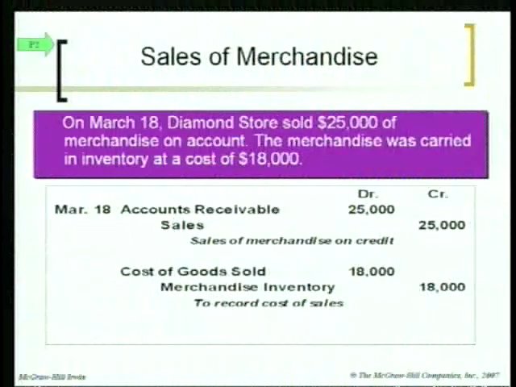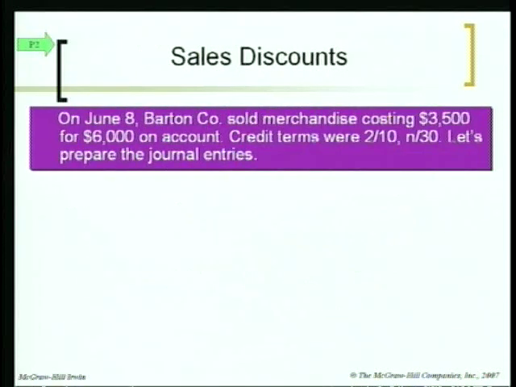Now, it's very important that you understand this entry. Take a look at it again. There are two entries. I don't want you to combine them into one entry. Okay? Now, what I want you to do is, let's take about a 60-second break.